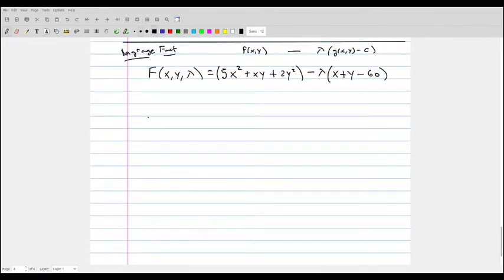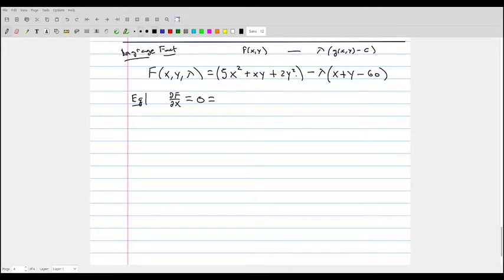So going through and applying our procedure, we have our three equations that have to be true at any critical point of F. The first is that the partial derivative of F with respect to x has to be equal to 0.